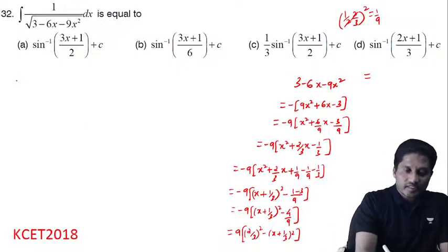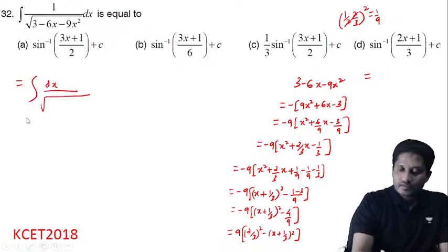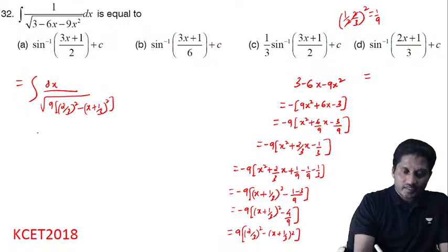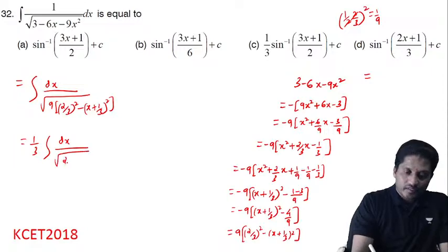So this can be written as integration of dx divided by root of 9 into 2 by 3 the whole square minus x plus 1 by 3 the whole square. 9 is under the root, take out, you get 3. Dx divided by root of 2 by 3 the whole square minus x plus 1 by 3 the whole square.